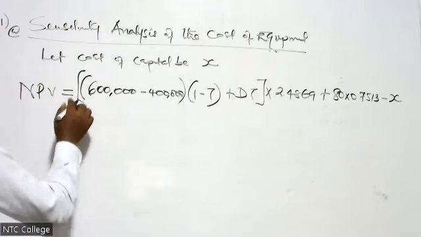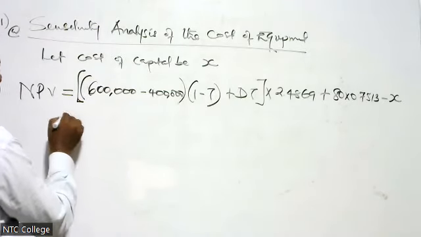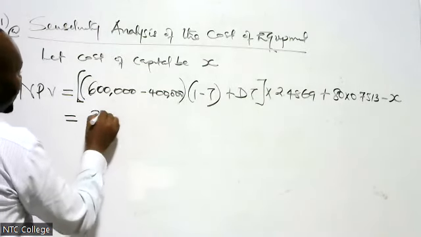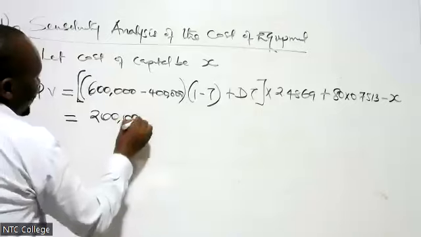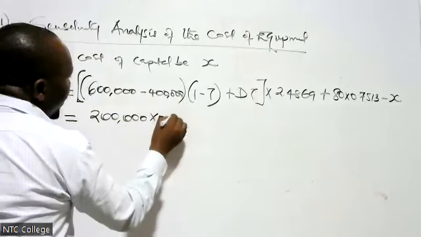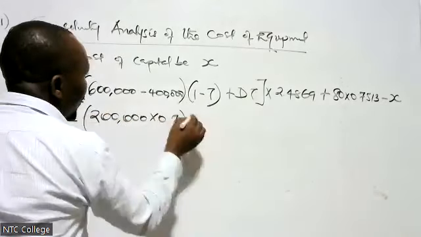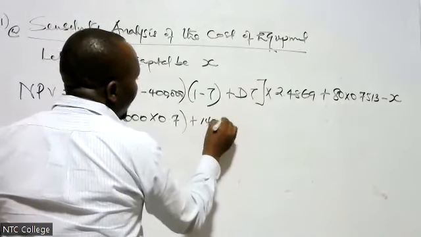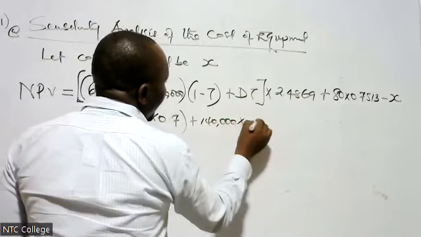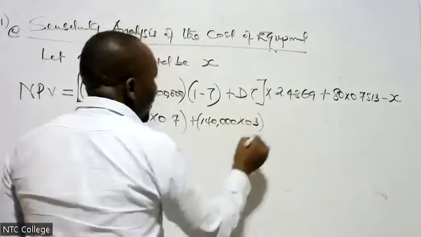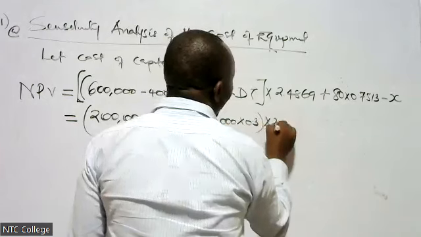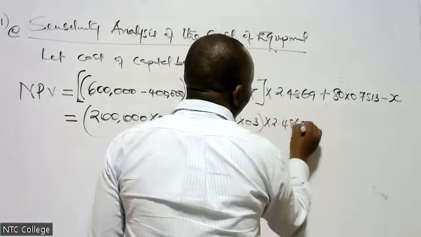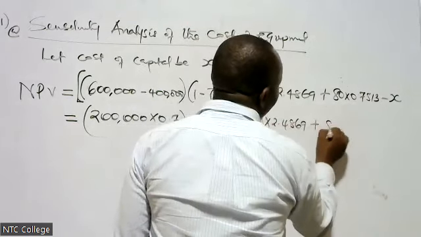So if it is not operating cost, then we now have it like that. So we have this one 200 times 0.7 plus dt 140 times 0.3 times 2.4869 plus 80.